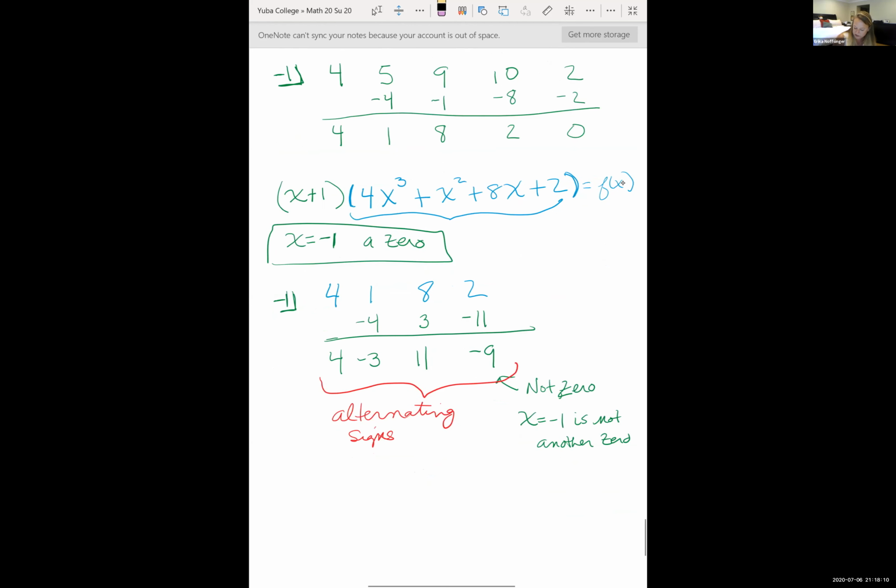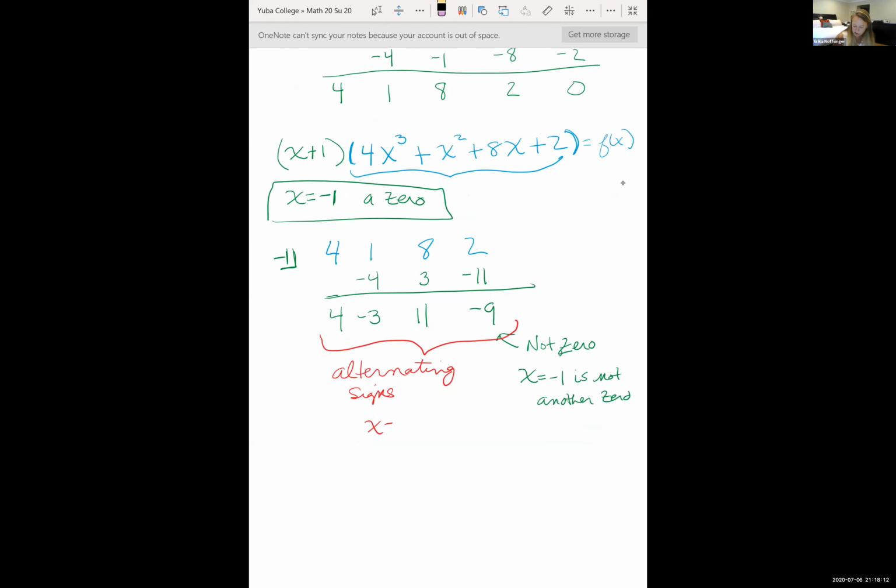So there's no number smaller than -1 that works, by the lower bound theorem.